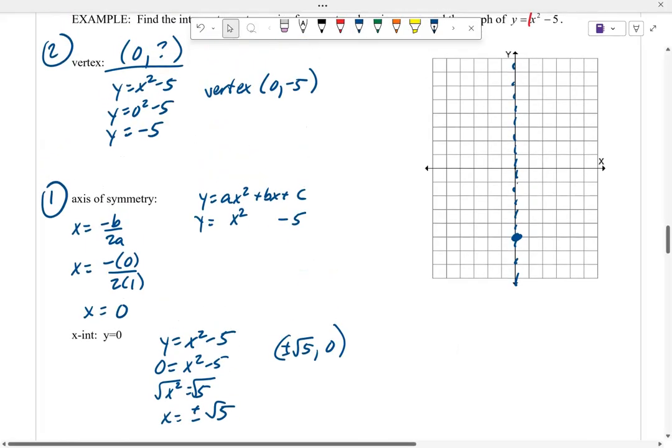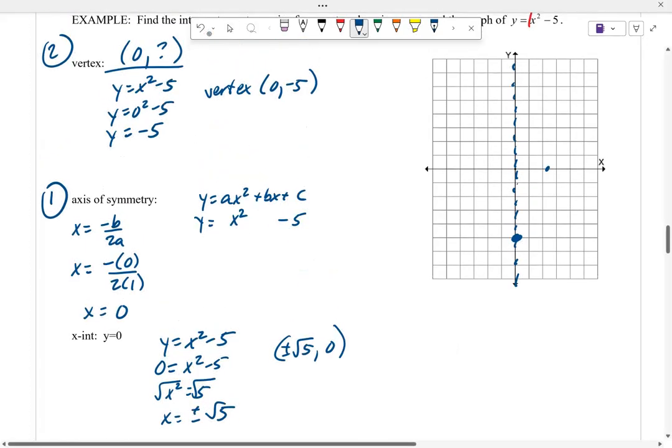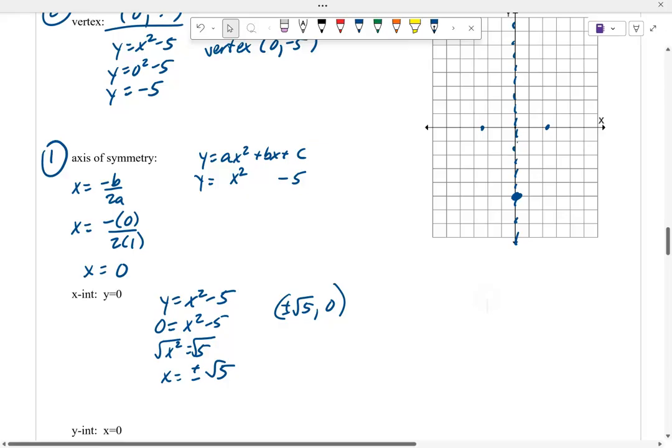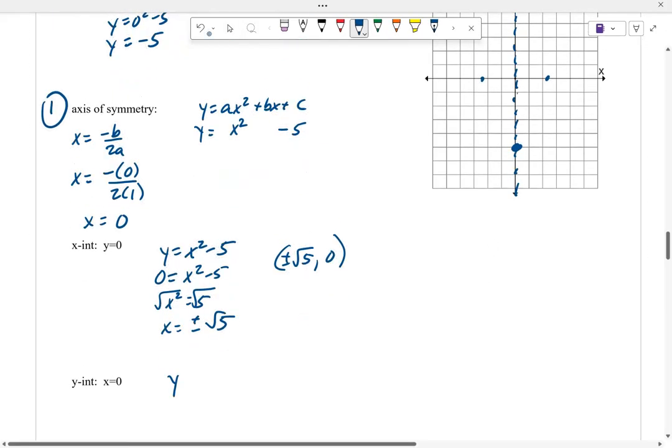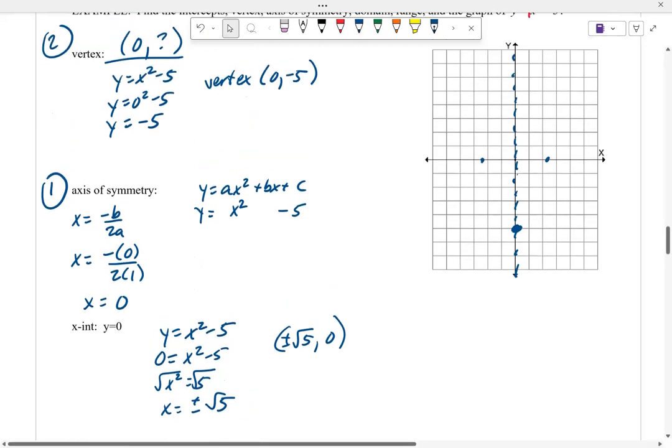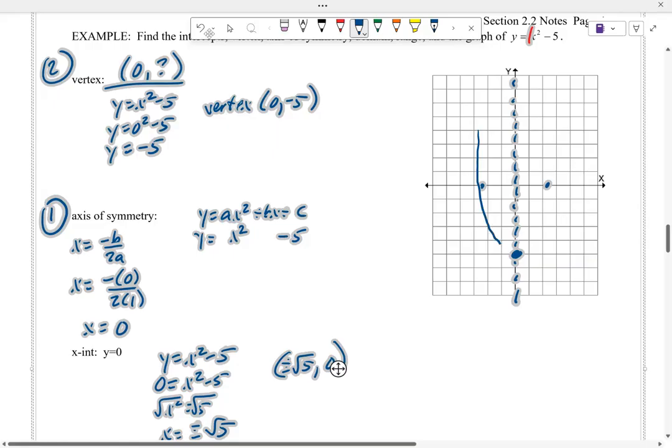So that's like 2 point something, and negative 2 point something. So it's going to hit those two spots on the x-axis. If you let x be 0 now, we already had this. We knew it was crossing because the vertex is right on that y-intercept, isn't it?